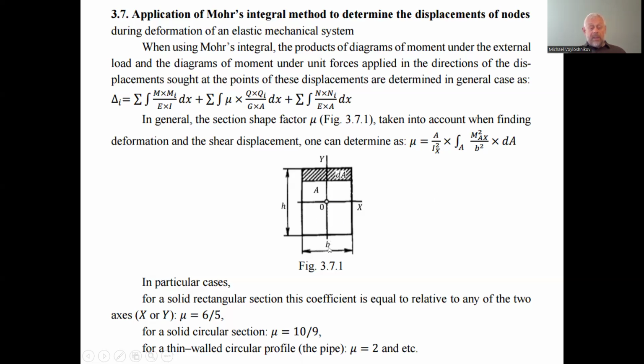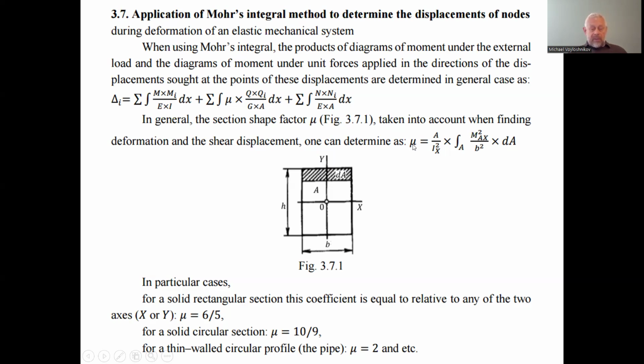If we consider the flat state and the plane in which the axis y lies and the axis x is perpendicular, then b is the size of the section in the direction perpendicular to the plane in which we consider the mechanical system. And this helps us to find the section shape factor for finding the displacement under the action of the transverse force.